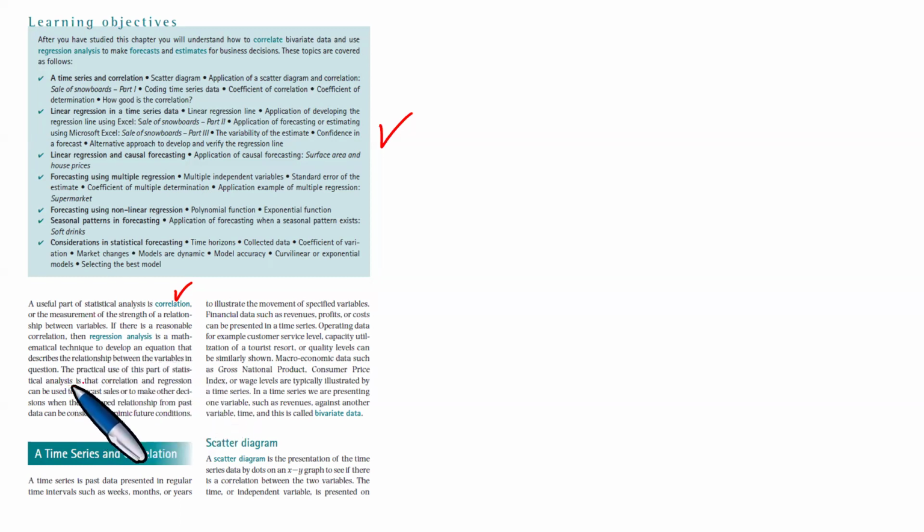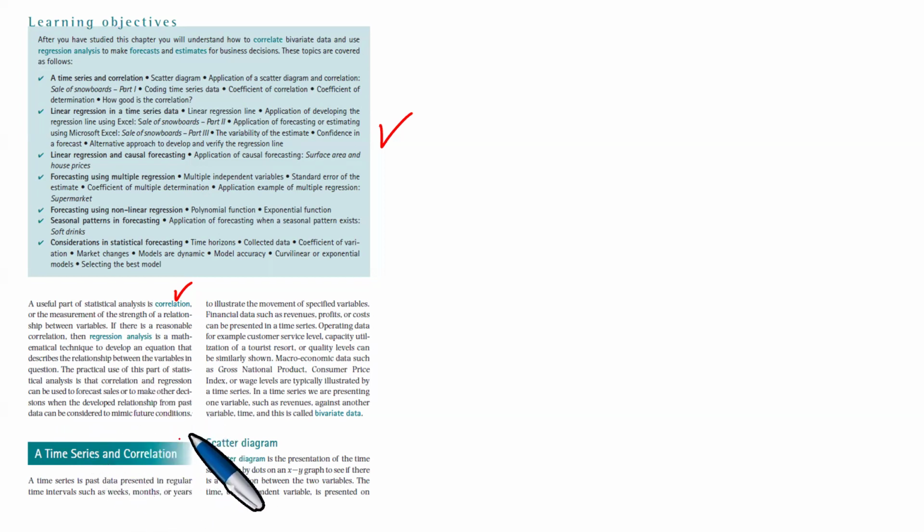The partial use of this part of statistical analysis is that correlation and regression can be used to forecast sales or make other decisions when the relationship developed from past data can be considered to mimic future conditions.